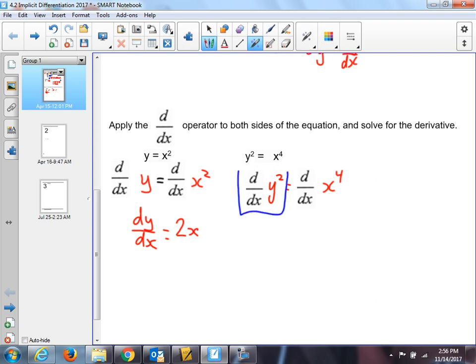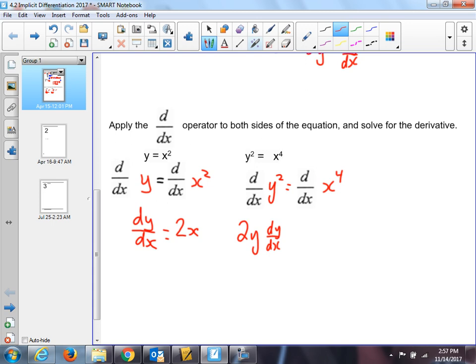If y represents an expression, y actually represents x squared, but we're not going to sub that in. So you'd say, well, 2 times the y expression, because they don't match, the derivative of y with respect to x. You follow that left side? Because I know you'll be able to do the right side.